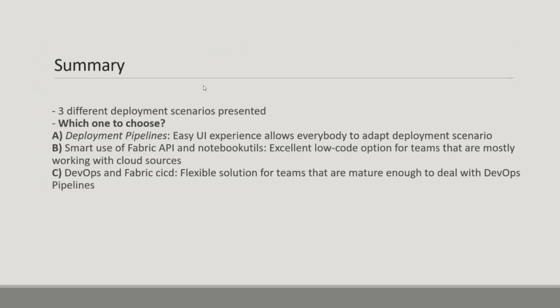This is basically an excellent low-code option if teams are mostly working with a notebook plus lakehouse architecture. And the third option was the flexible solution with Fabric CI/CD, and that is really for the teams that are mature enough to deal with the DevOps pipelines. So my answer, which deployment scenario to use, relies on the maturity of your data team.